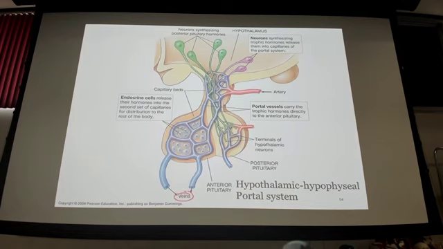All right. So, these are guys making stuff. This is the portal system directly into these endocrine cells in the anterior pituitary. So the maker cells, all right? That's the pathway.